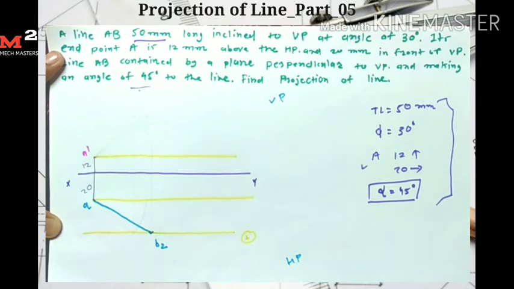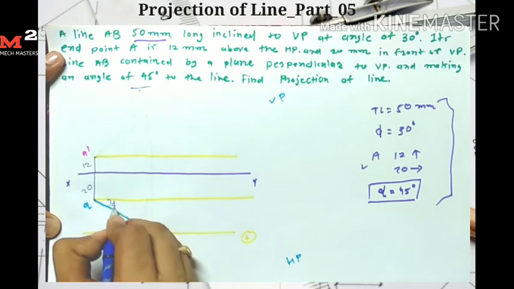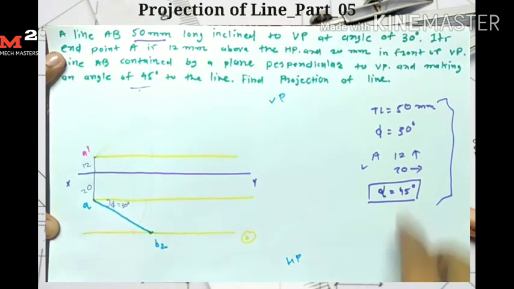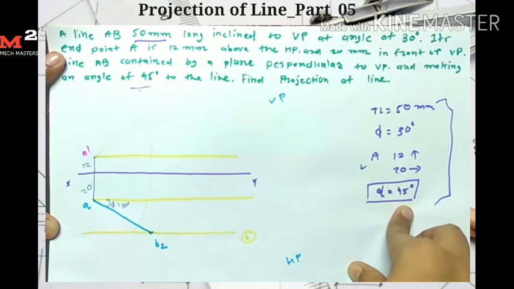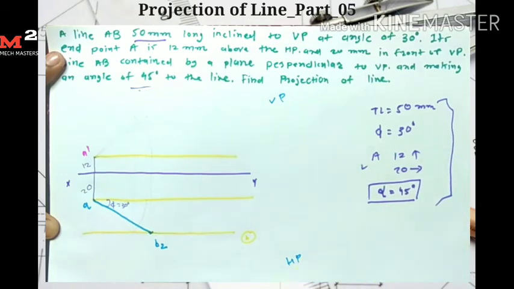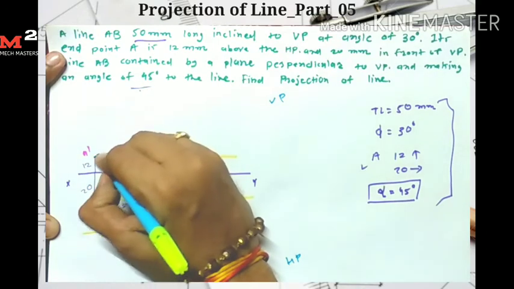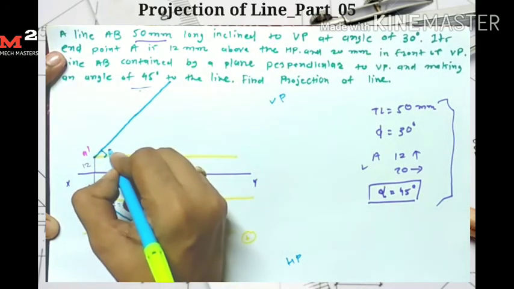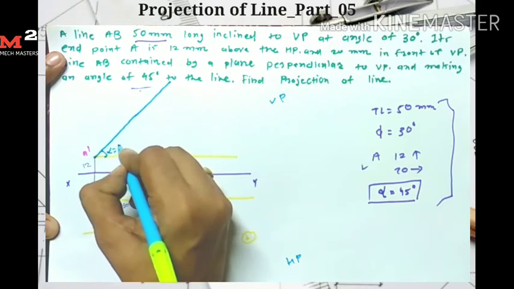Now here we have the angle alpha equal to 45 degree, so from here I draw the line at an angle of 45 degree. I don't know where the point B dash is, but I know this point is on this line, alpha equal to 45 degree.